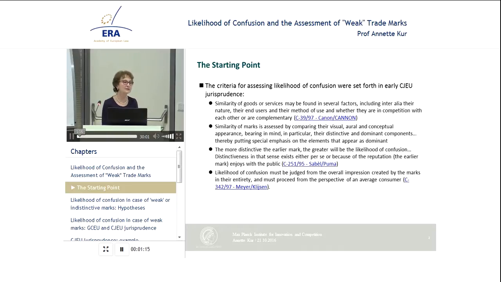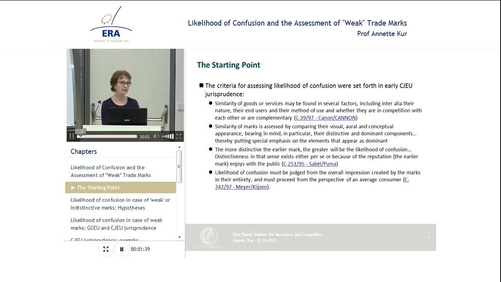And distinctiveness in that sense can result from two different things. Either the mark can be distinctive per se, because it is very fanciful and not suggestive, to use these terms from American terminology, or because it has gained some reputation or some goodwill on the market.